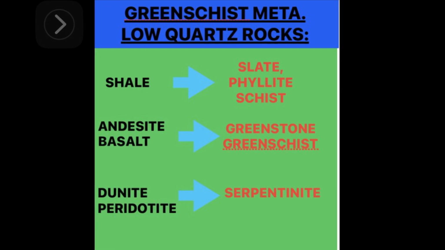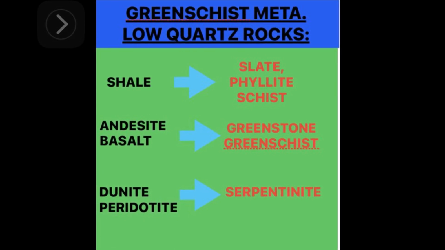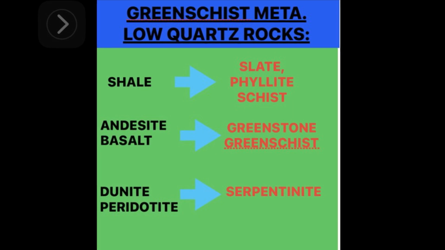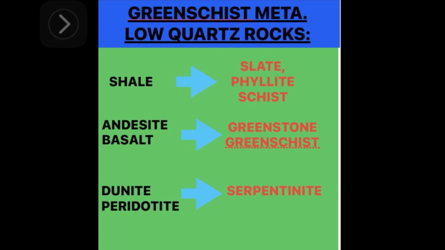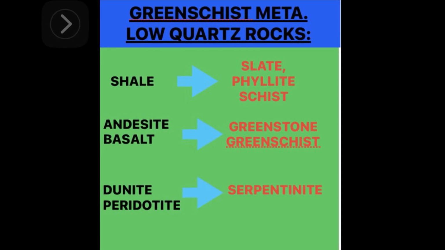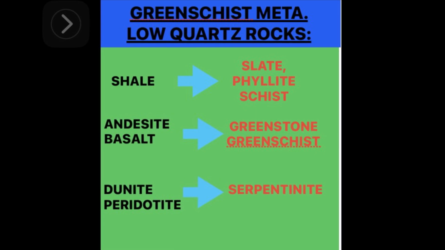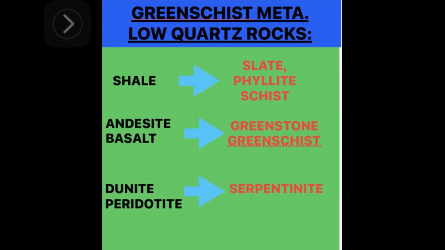And if that greenstone is subjected to directed pressure, as it would be in a subduction zone, you're going to get green schist. Dunite and peridotite, two ultramafic rocks, get hydrated and become serpentinite, a soft greenish ultramafic rock.